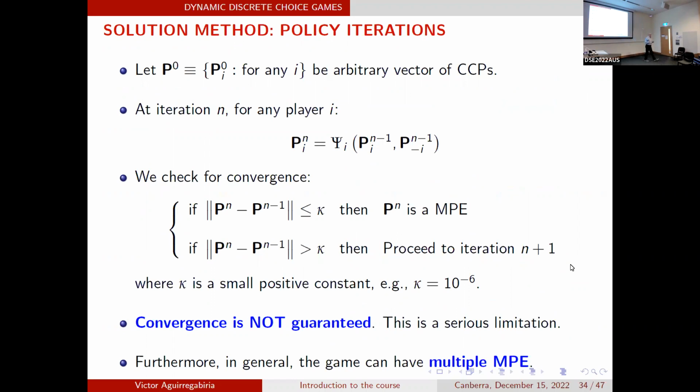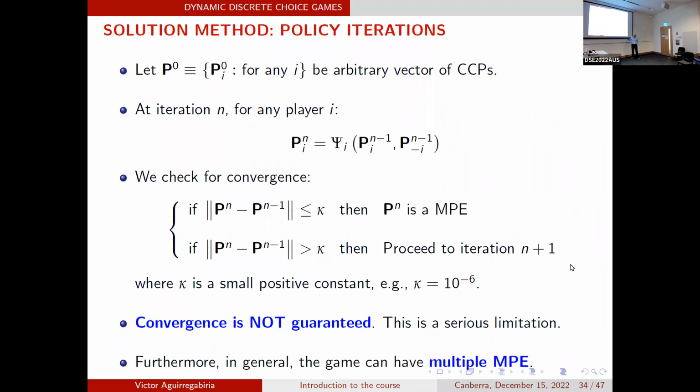What is the main difference with respect to the case of a single agent? The main difference is that now this policy iteration mapping is no longer a contraction in general. There are many situations, even the simpler versions of these games, such as models of market entry and exit, even with homogeneous players, where we can have a multiplicity of equilibria. Then in general, this is not a contraction.